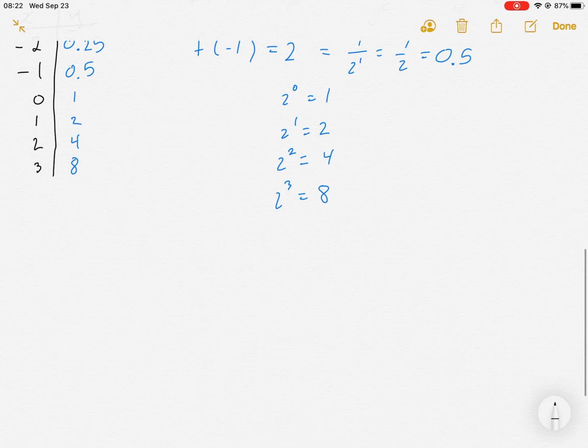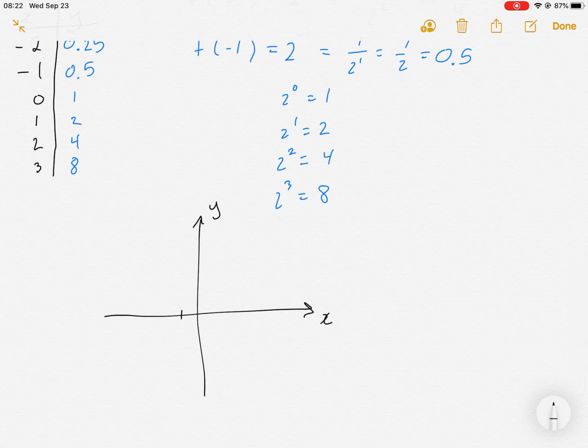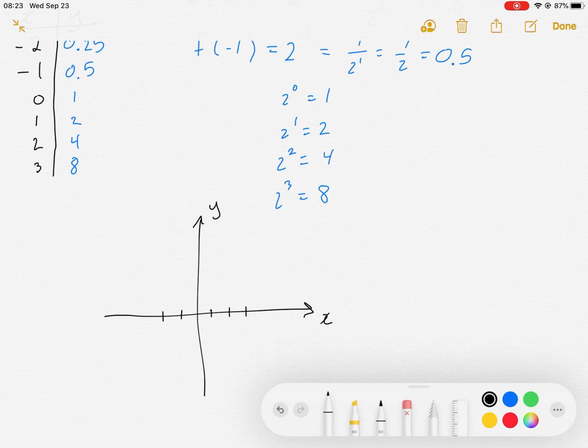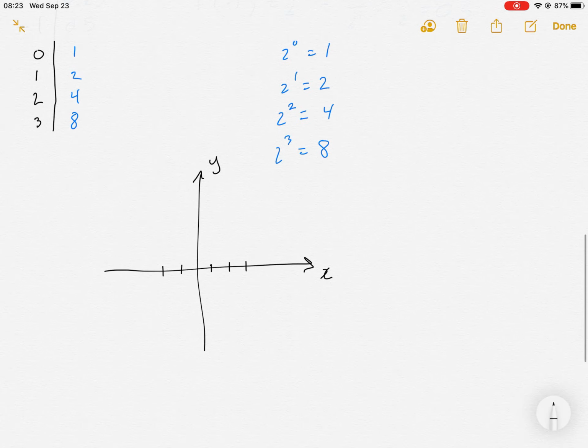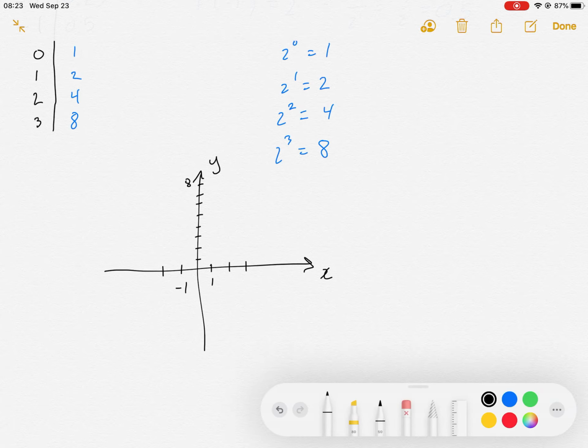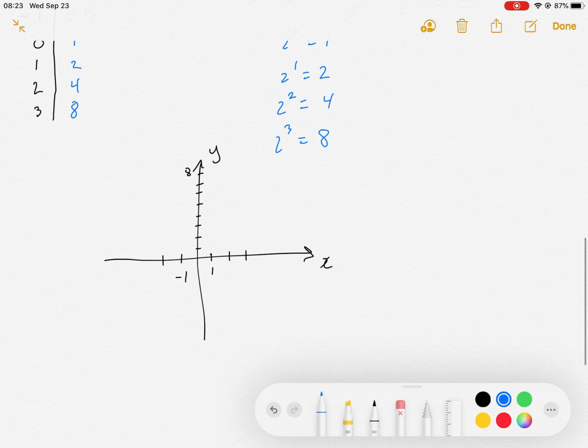Now we could actually graph those. So I'm going to need -1, -2, and I'm going to need 1, 2, and 3. And then on the y-axis, I'm going to need all the way up to 8. Okay, so let's plot our points.